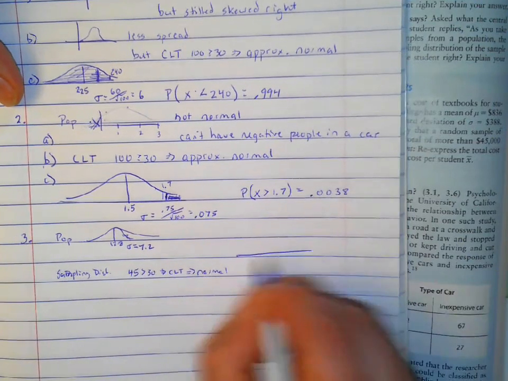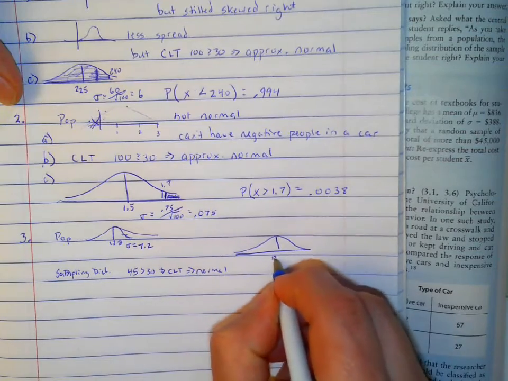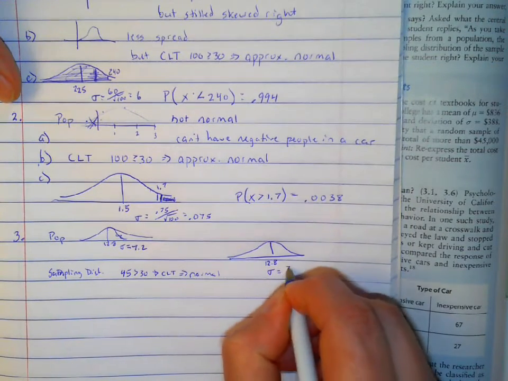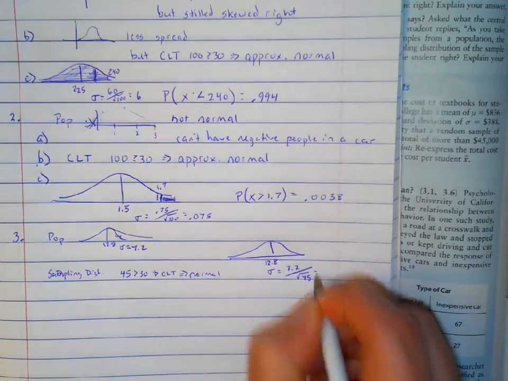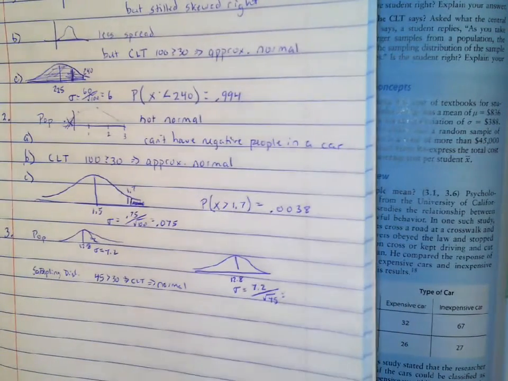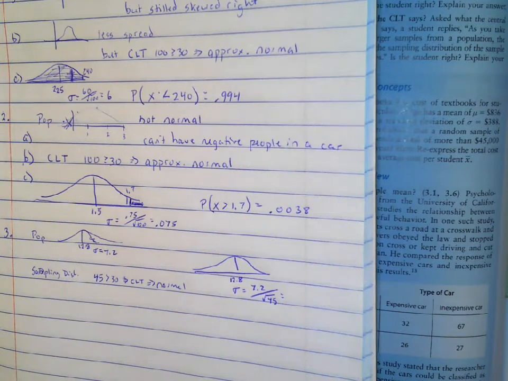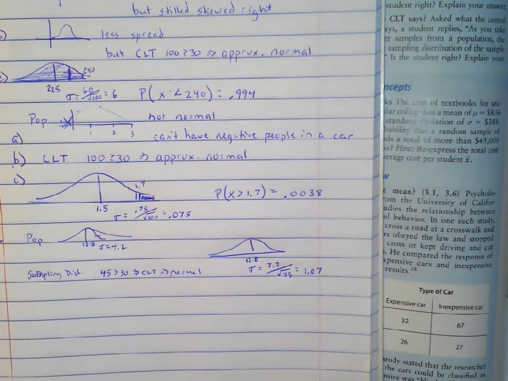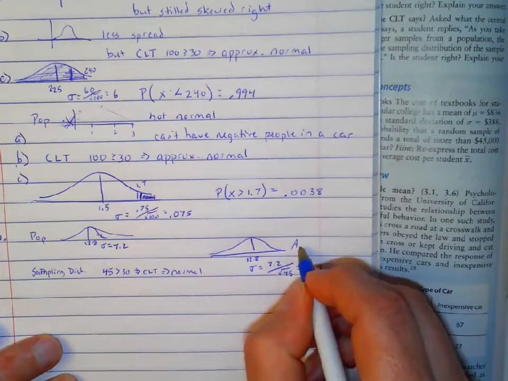It has a mean of 12.8, the same as my population, and my standard deviation is going to be 7.2 divided by the square root of 45. 7.2 divided by the square root of 45 gives me a standard deviation of 1.07. So that's our shape: it's approximately normal.